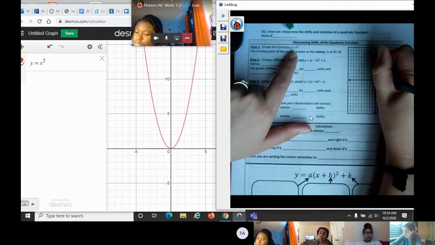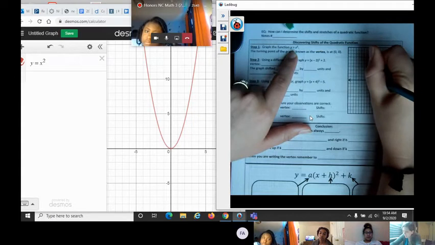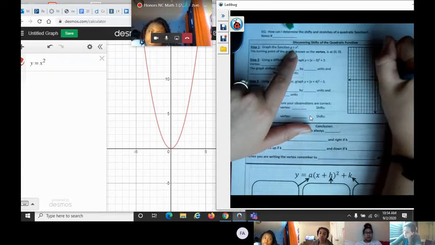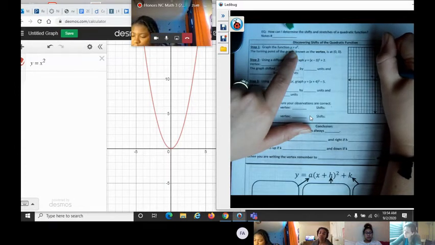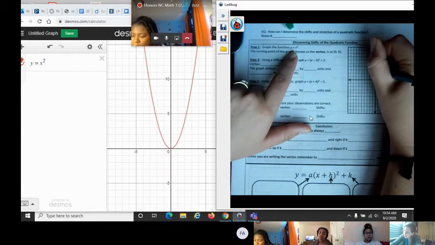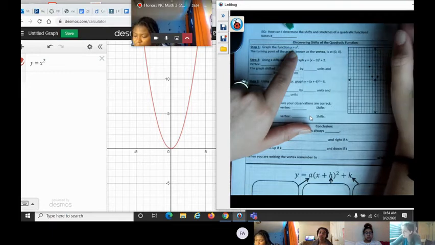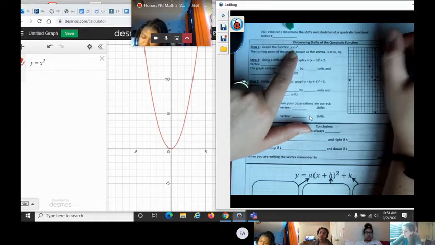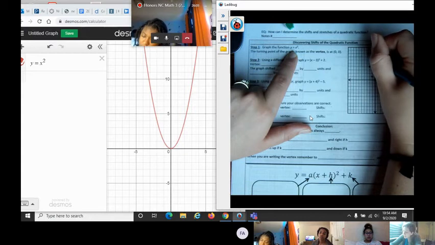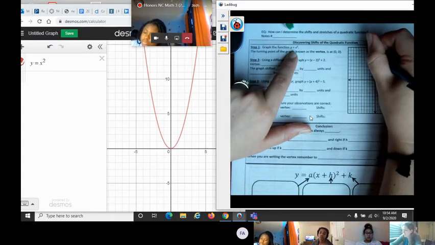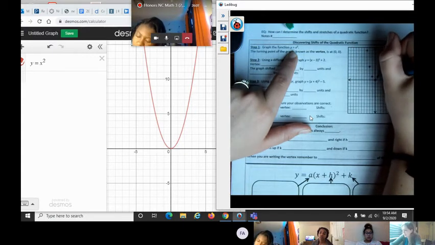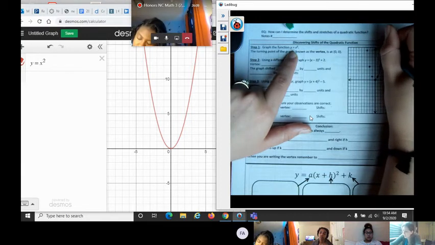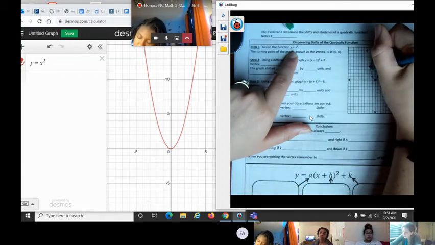We'll have a point at 1, 1, negative 1, 1, 2, 4, negative 2, 4, 3, 9, and negative 3, 9. Okay, so this is our y equals x squared function.